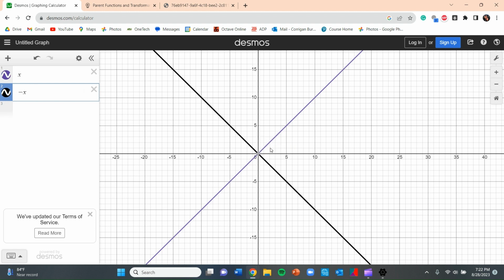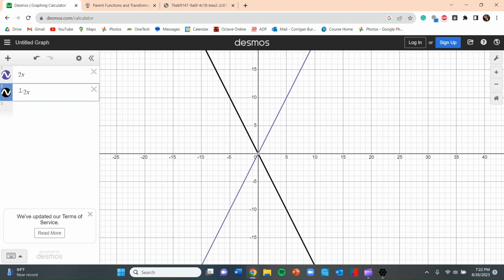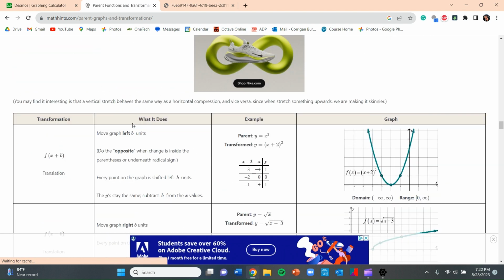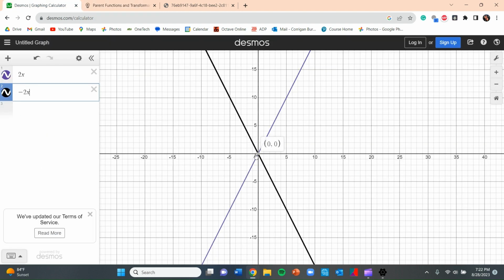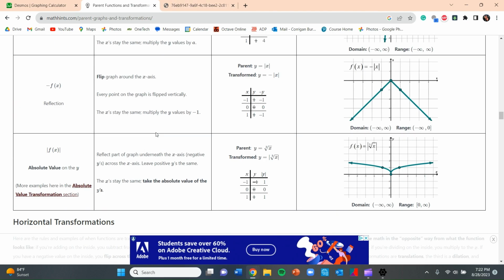Now, this is kind of hard to see, but let me try to better illustrate it here. This can be considered a reflection across the y or the x axis. But I think, because now we have negative x, it's a reflection across the x axis.